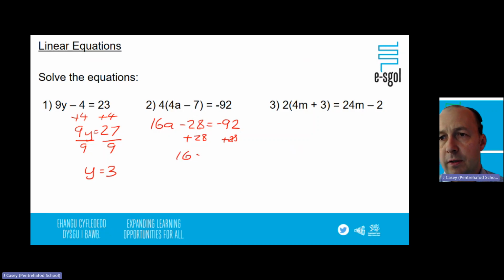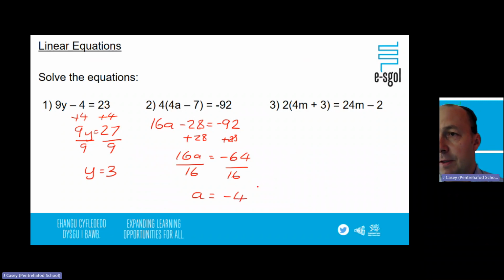The 16a is still there. -92 add 28 is -64. Again, I divide by the coefficient in the end, so I divide by 16 on both sides of the equation, and that gives me a value of a being -4, because of course it's -64 divided by 16.